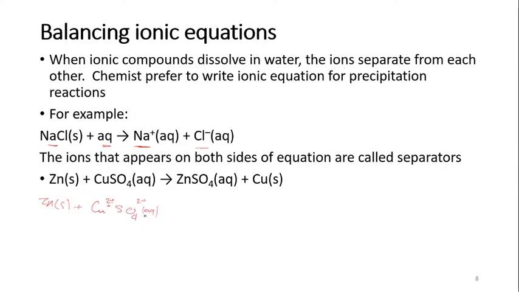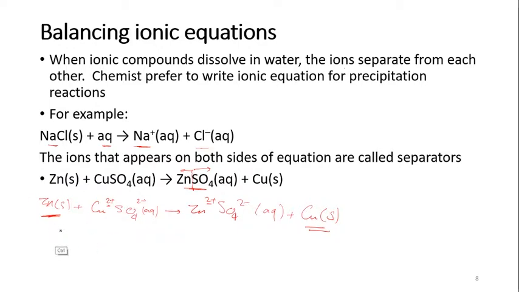This is an aqueous solution, to give me zinc. Here zinc is a solid, so I keep it as it is, but zinc sulfate is an aqueous solution, so it will dissociate into 2 ions, the zinc ions and the sulfate ions. Zinc will carry the 2 positive charges, and the sulfate will remain with its 2 negative charges. This is an aqueous solution, plus the copper, which is in a solid state, so I don't write any ions.